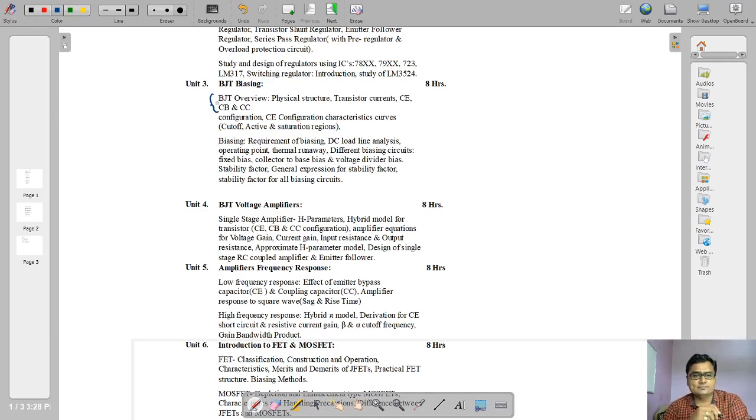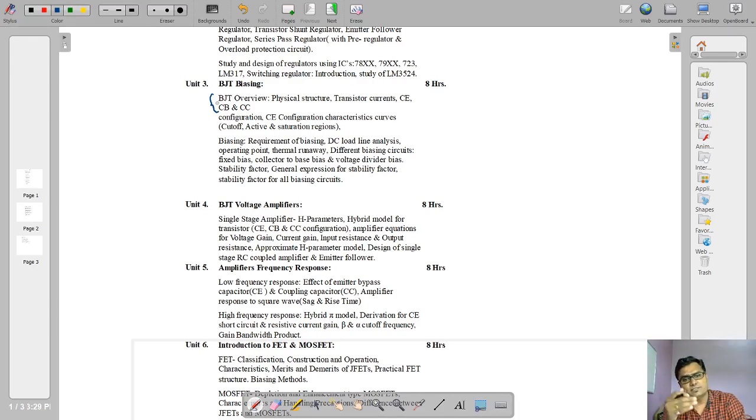It is a kind of revision of whatever you have studied in first year, including the physical structure of BJT, the BJT currents, and the 3 configurations of BJT, that is common emitter, common base and common collector. It was a part of your first year engineering, but as a revision we are going to discuss this again in this chapter.